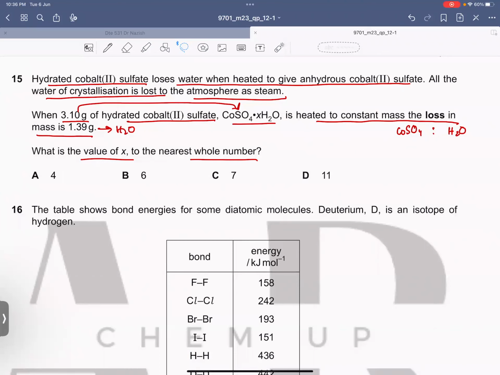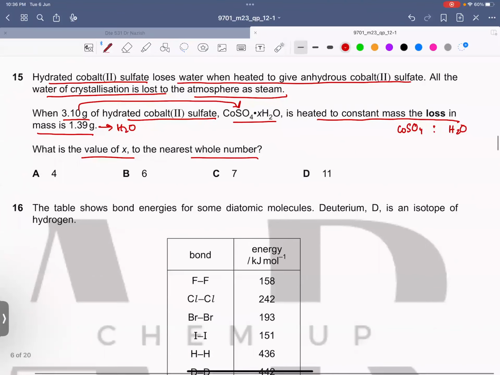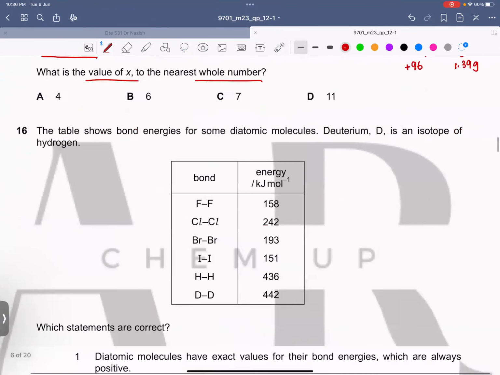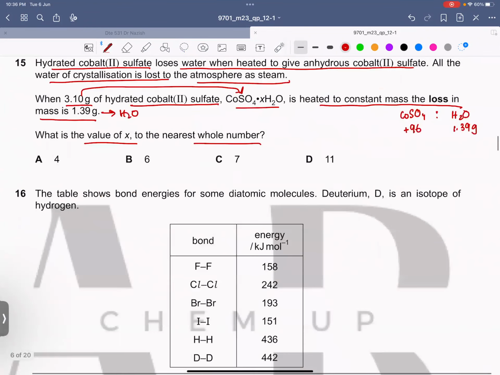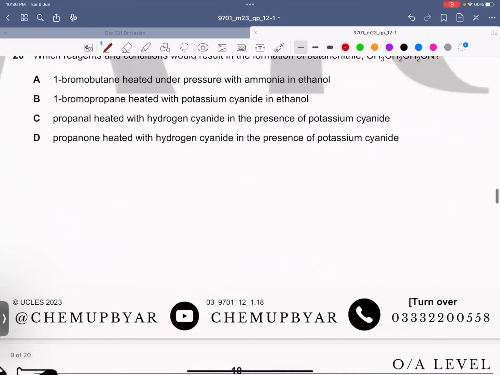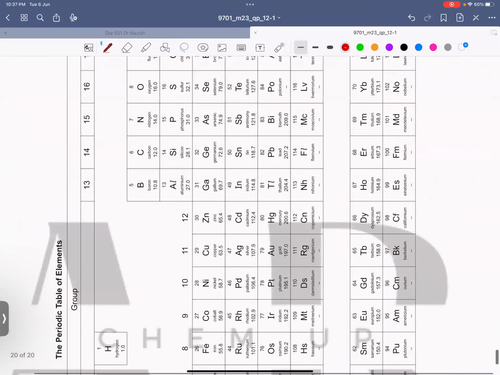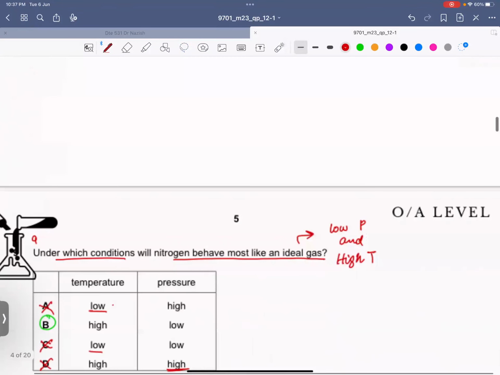We are getting 1.39 grams of water. 96 is the Ar of sulfate. What is the Ar of cobalt, please? No one has a periodic table. 58.9. Okay. I hope you guys have a calculator with you.